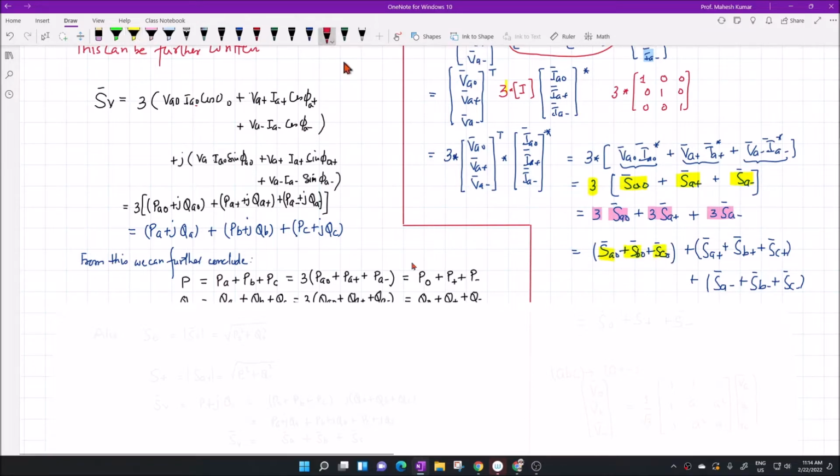So this 3 SA0 is taken care by this term, and 3SA plus is taking care of SA plus, SB plus and SC plus. That is positive sequence apparent power.